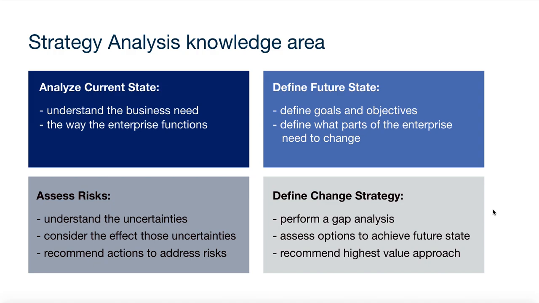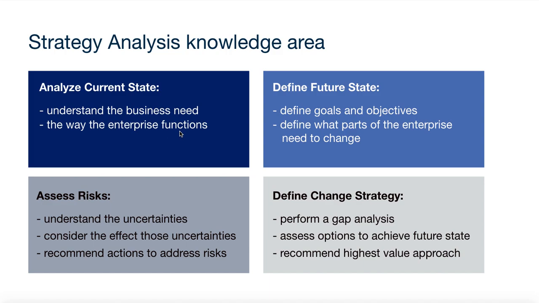So, as we know, first we need to analyze the current state. As part of analysis of the current state, you need to understand the business need and also the way the enterprise functions today. When I say today, I mean on that day of analysis, or that time period of analysis.